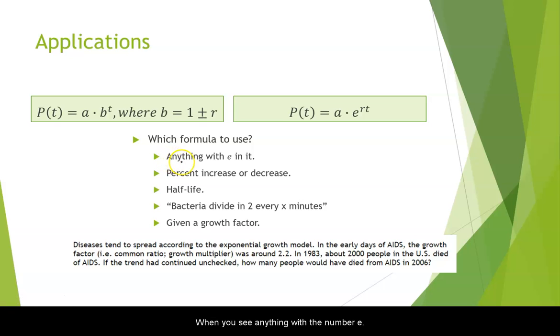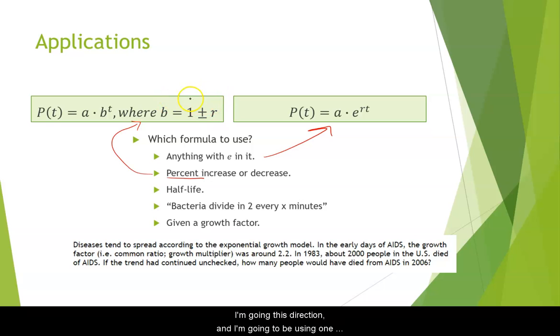When you see anything with the number e, I would lean towards the a times e to the rt. Whenever you have percent increase or decrease, as soon as I see that percentage, I'm going this direction, and I'm going to be using 1 plus or minus r for my b value. When I see half-life, you could do it either way.